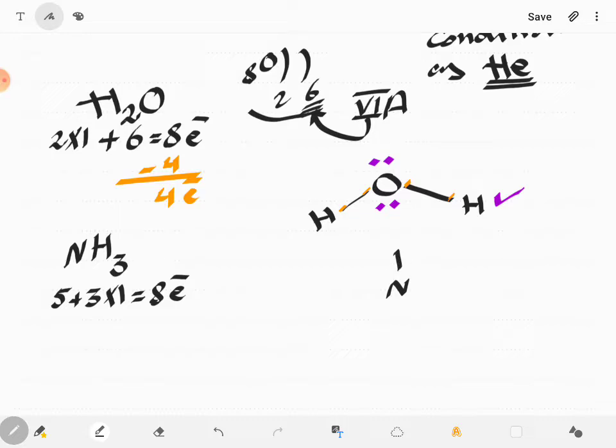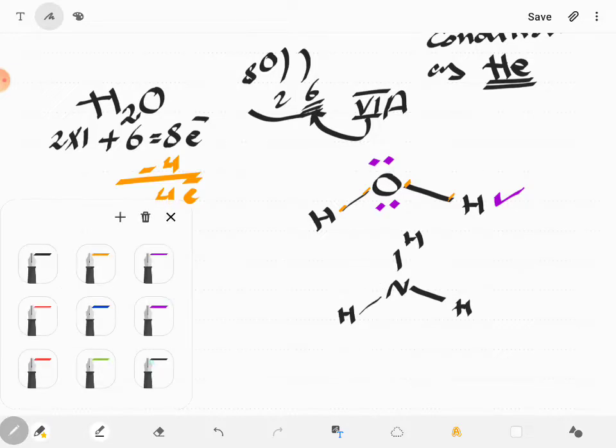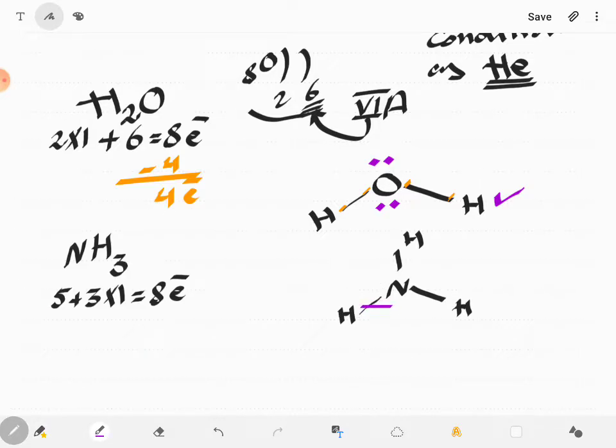I'll write H with nitrogen. How many electrons did I consume here? This one 2 electrons, here 2, and here 2. These are bond pairs. So I consumed 6 electrons, minus 6, remaining 2 electrons. Hydrogen is all done, so I put these here on nitrogen. And this is stable.